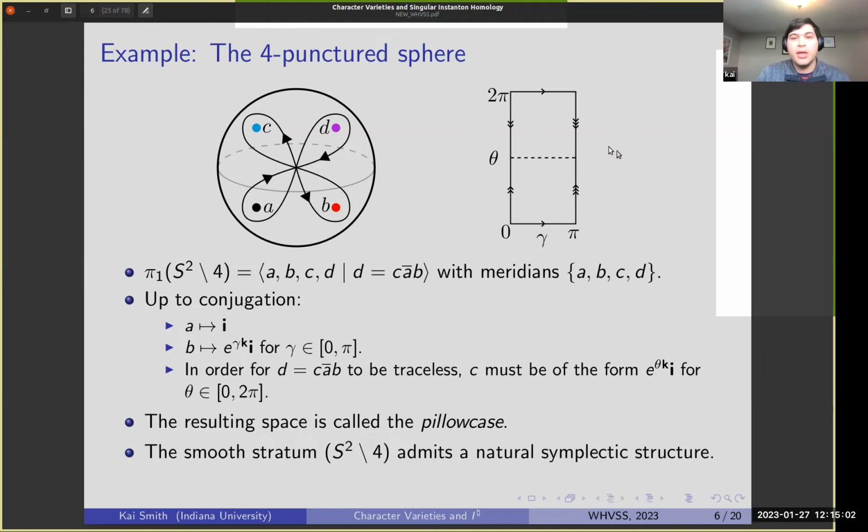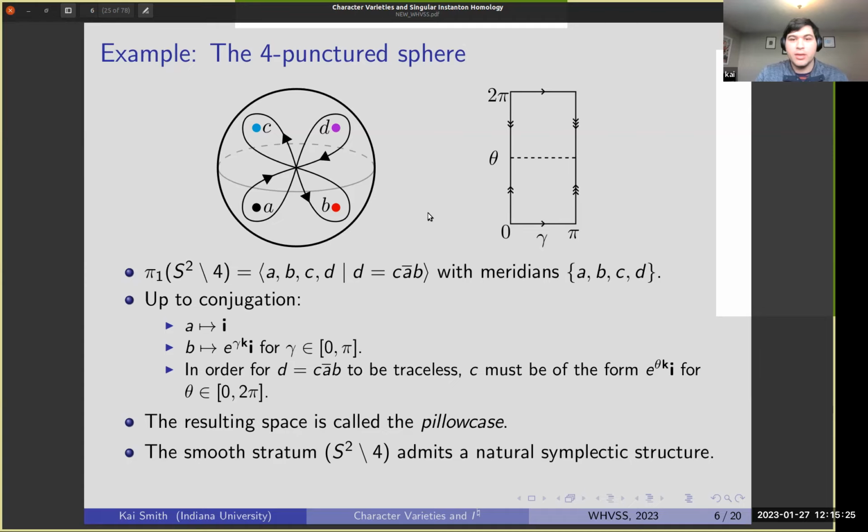In this case, the smooth stratum of the pillowcase is this two-sphere minus the 4 singular points. It's a coincidence that the smooth stratum of this moduli space is also a four-punctured sphere, but that's different from the four-punctured sphere we started with. This four-punctured sphere admits a natural symplectic structure.